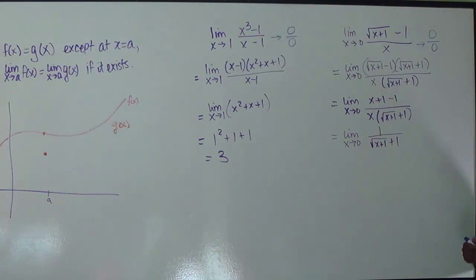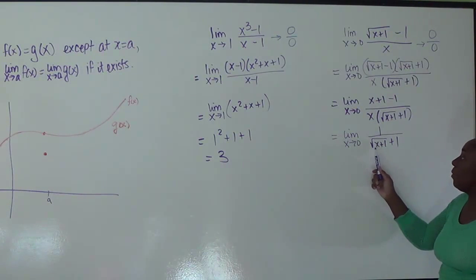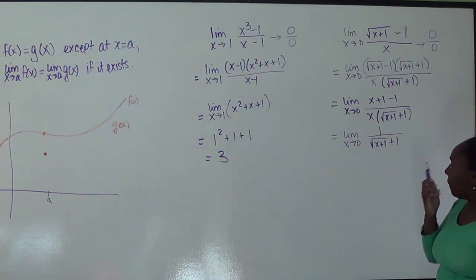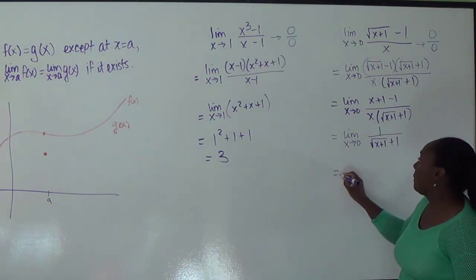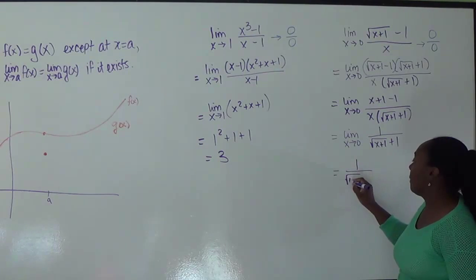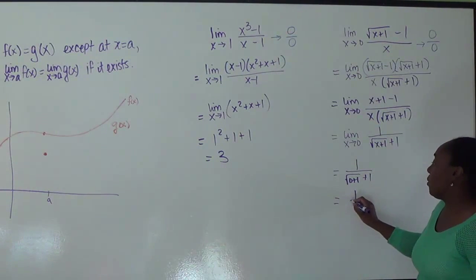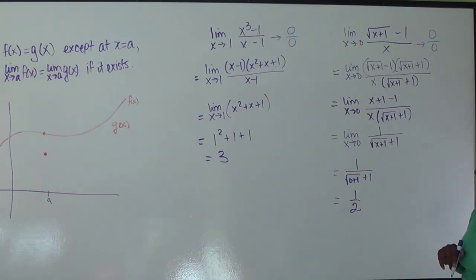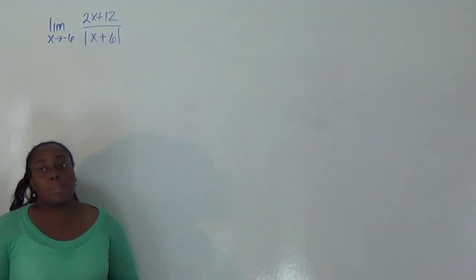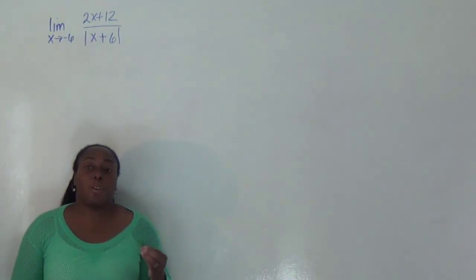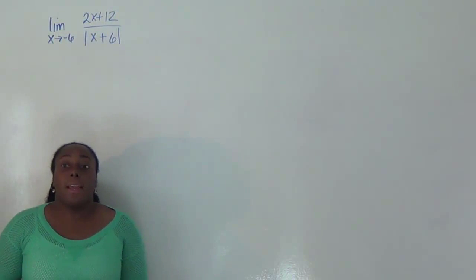And now when we try to plug in using our limit laws, the square root will take the limit of the inside, so 0 plus 1, square root of that, plus the 1 gives us a 1/2.